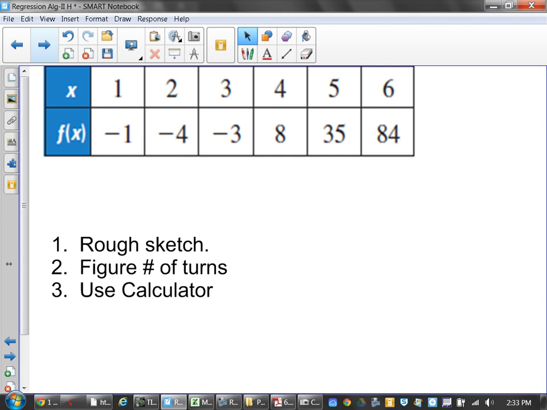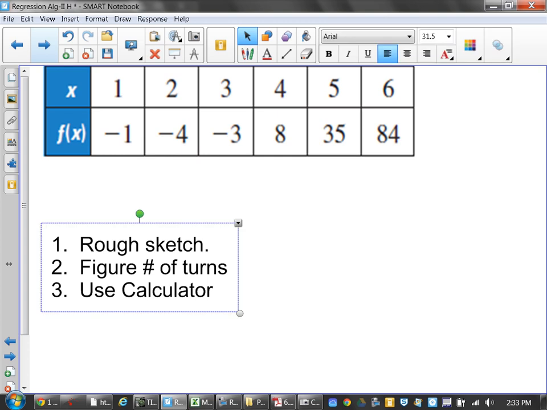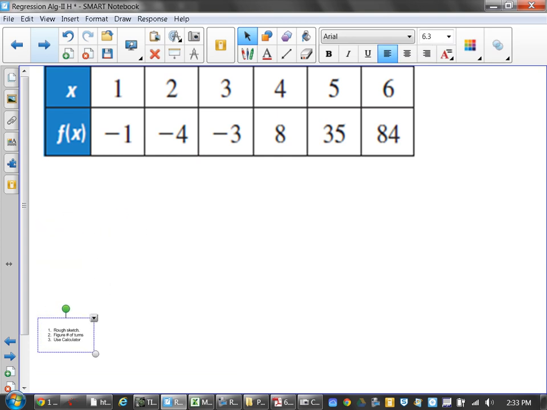Rough sketch. As you start to get better at this, you may or may not need to do the rough sketch. That's what Zach was getting at. If I'm looking at this, it's going down, goes up. So it's got the hook to it, doesn't it? What degree is this going to wind up being? X cubed.